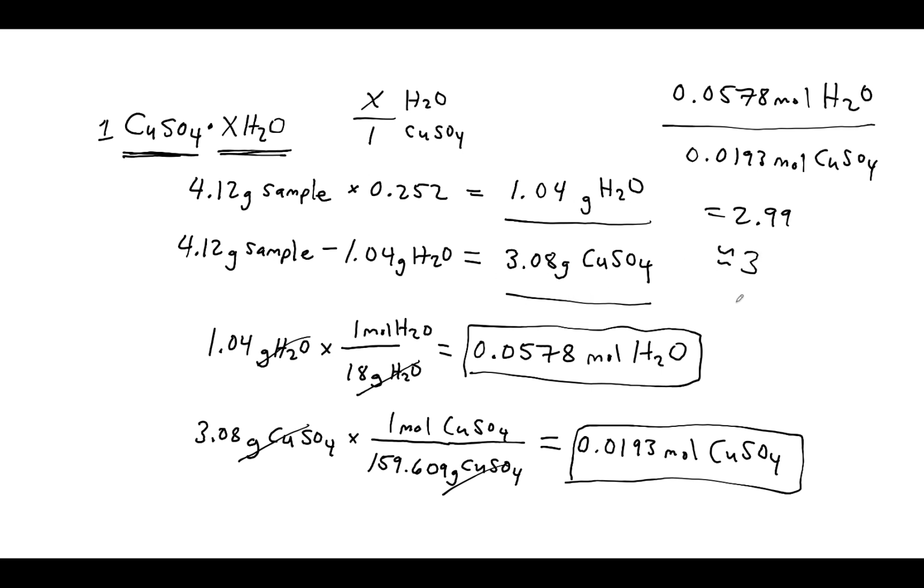So the answer here is letter C, and that means that if we were to write out our formula, we would write it out as copper sulfate trihydrate. Okay, that would be the name of this. Actually, the full name would be copper 2 sulfate trihydrate. Okay, because the copper is in the +2 oxidation state in this compound, right? It has a +2 charge on it.